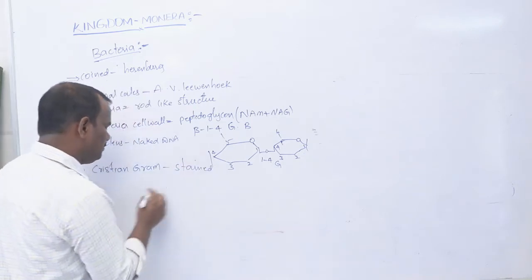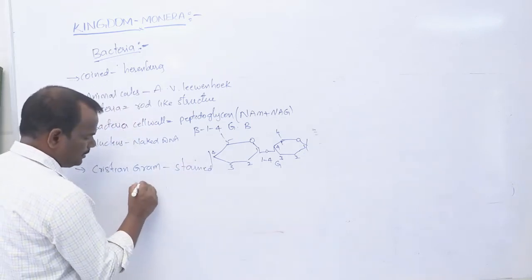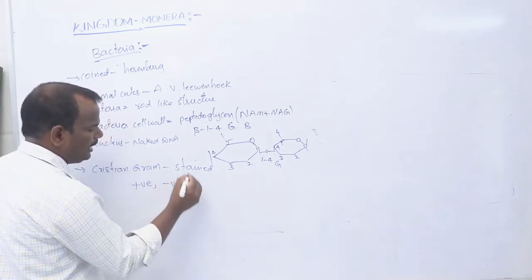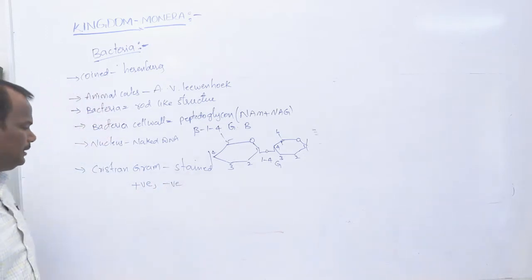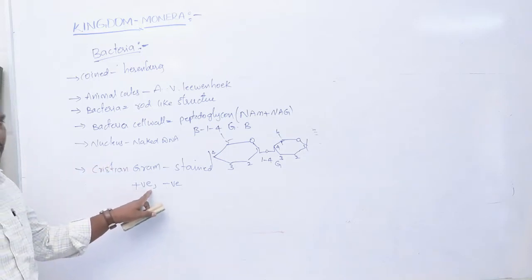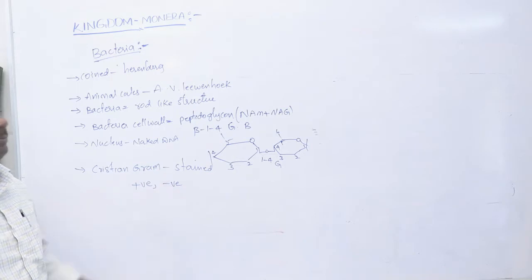The bacteria are of two types: gram positive bacteria, and another one, gram negative bacteria. Then what is the procedure for gram positive and gram negative bacteria?